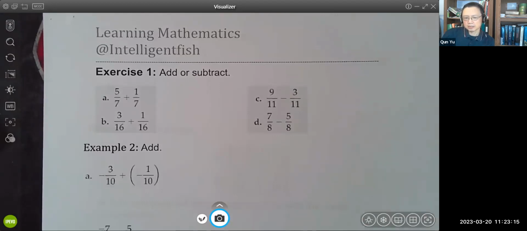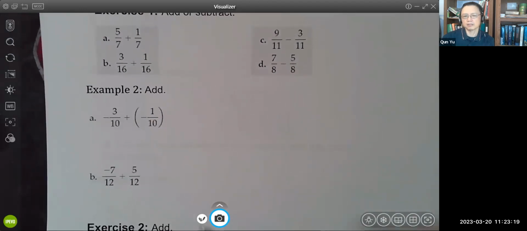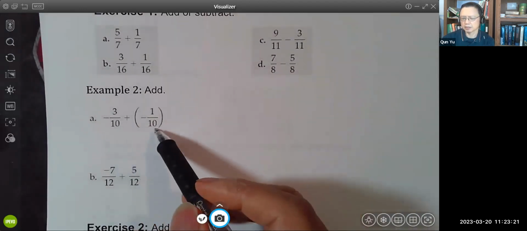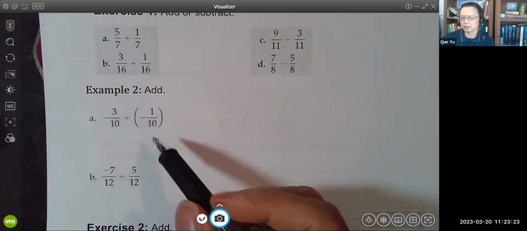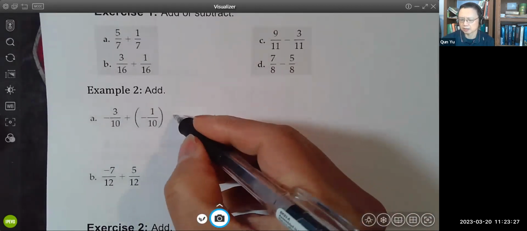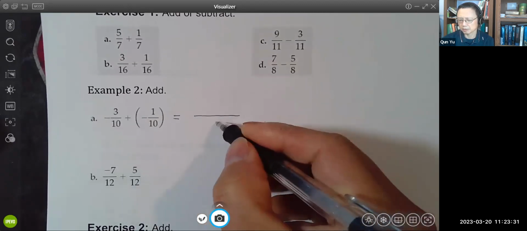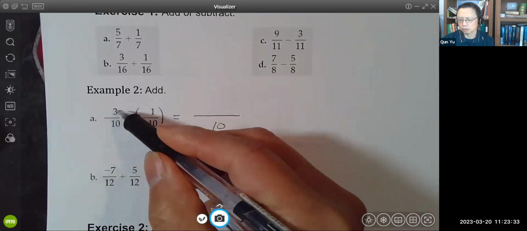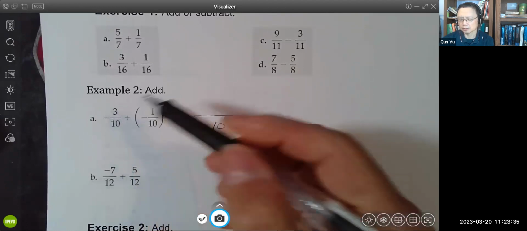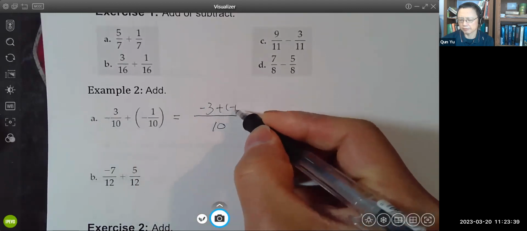Let's look at our example number 2. Now, we still have addition with the same denominator, even though we have negative numbers. It doesn't make any difference in terms of the way we do it. So we still have 10 on the bottom. So -3, you can move -3 to the top, there's no difference, plus -1.